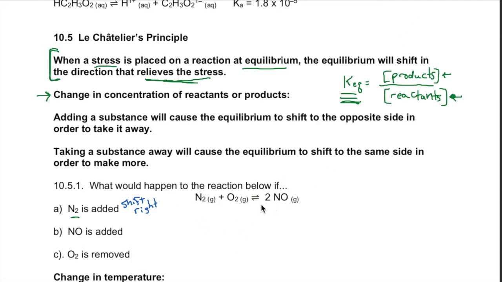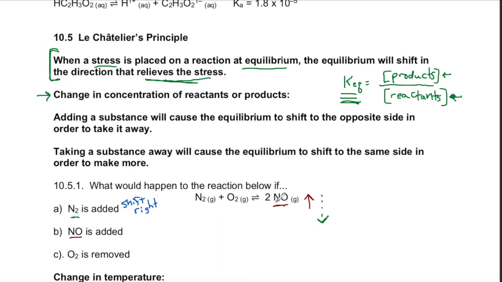Let's try a different scenario. For B, we have some NO that's being added. So we are increasing the amount of NO gas. And so the equilibrium is going to want to respond by decreasing the amount of NO gas.